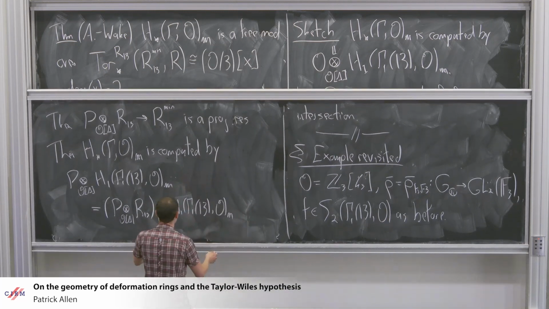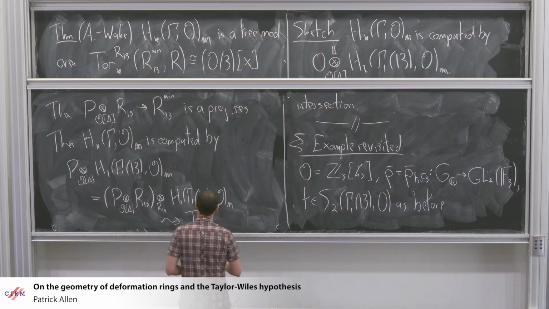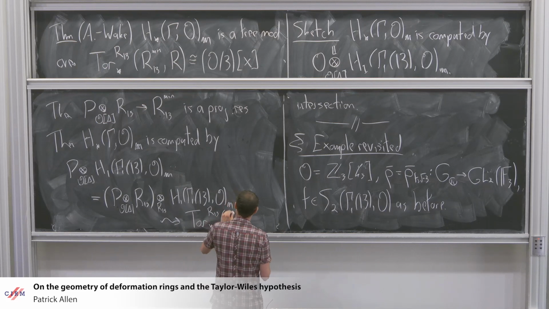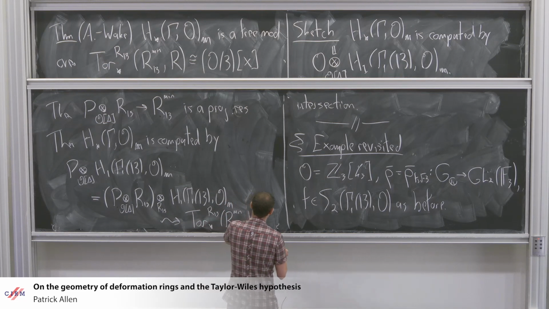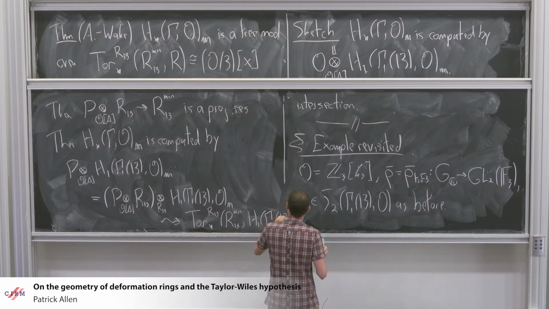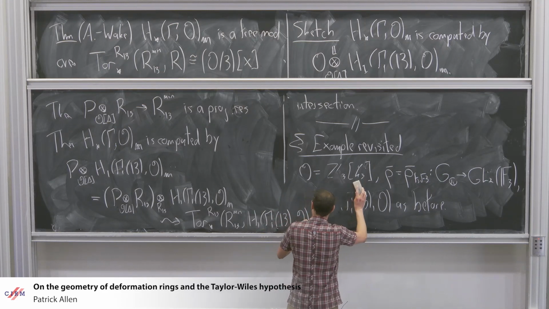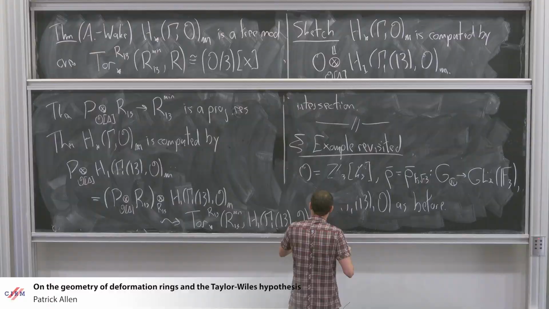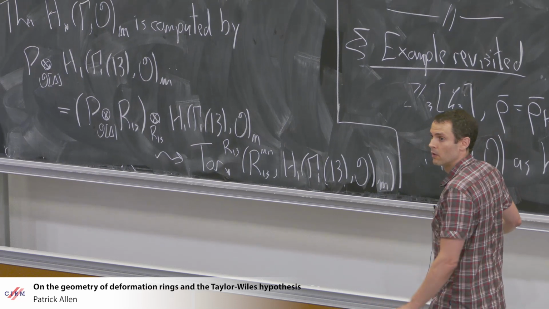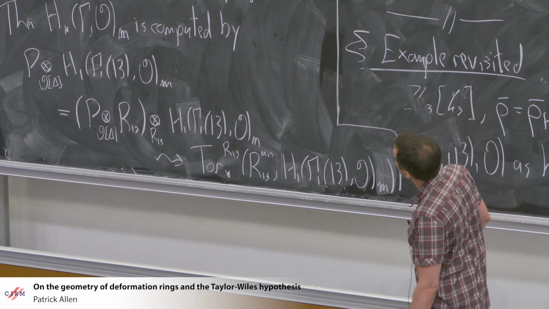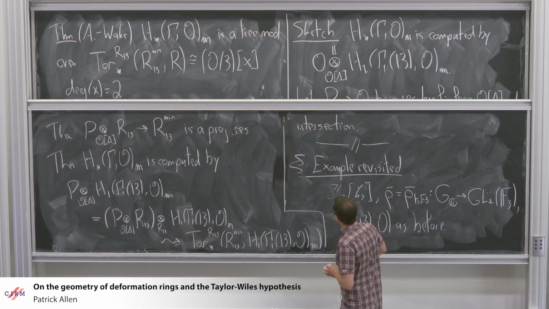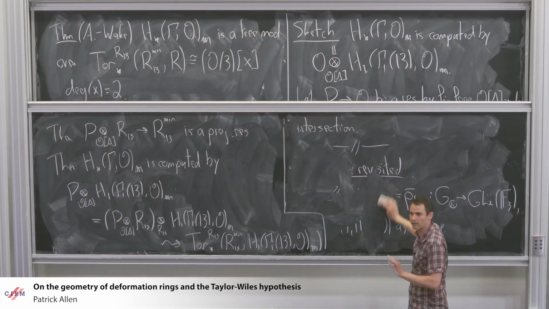But this exactly leads you to Tor of R13 minimal with this first homology group, gamma 1 13 O. Oops, there's an M here, then a closed parenthesis. Okay? Yeah, exactly. Sorry, I was being rushed for time and forgot to write that.